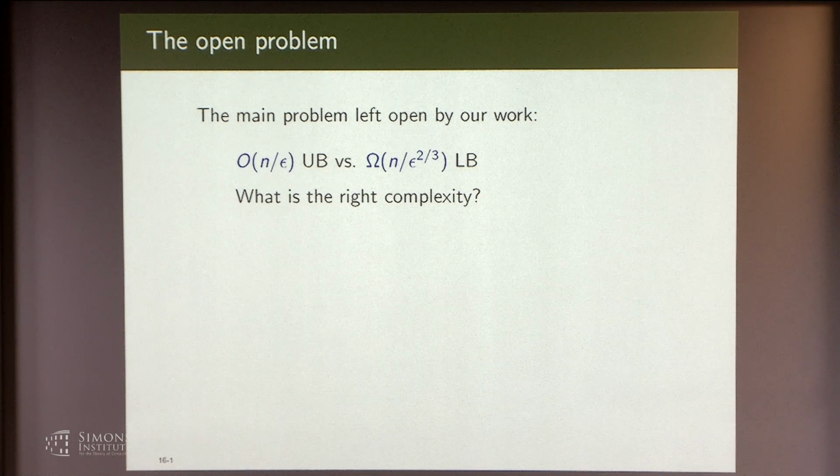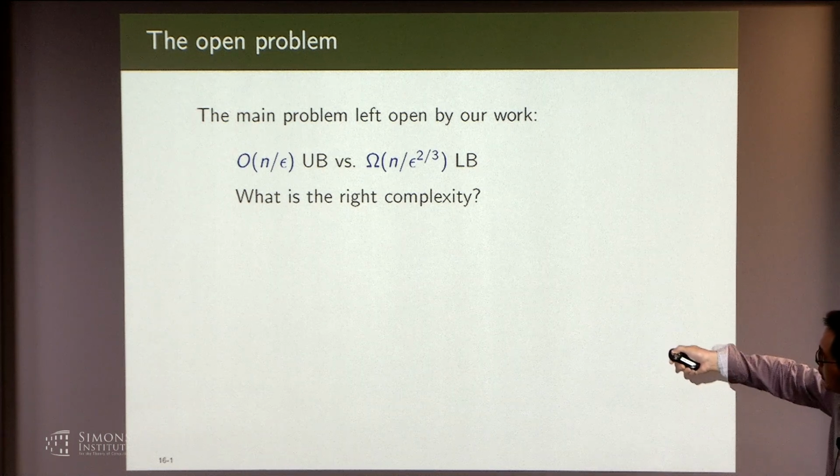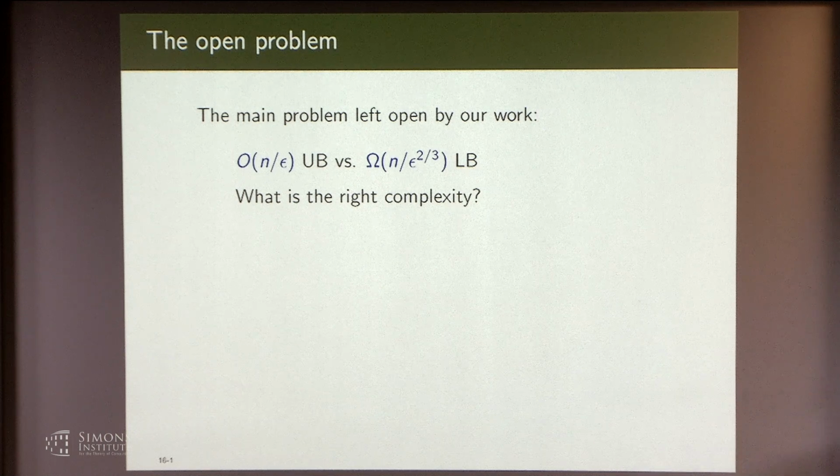The main question left by our work is the following. We have an upper bound of, sorry, I should put tilde here, but if you don't care about log factors, it's n over epsilon. And the lower bound is n over epsilon to the power 2 over 3. So the question is, which one is the right complexity? Maybe none of them is, and there's something in between.